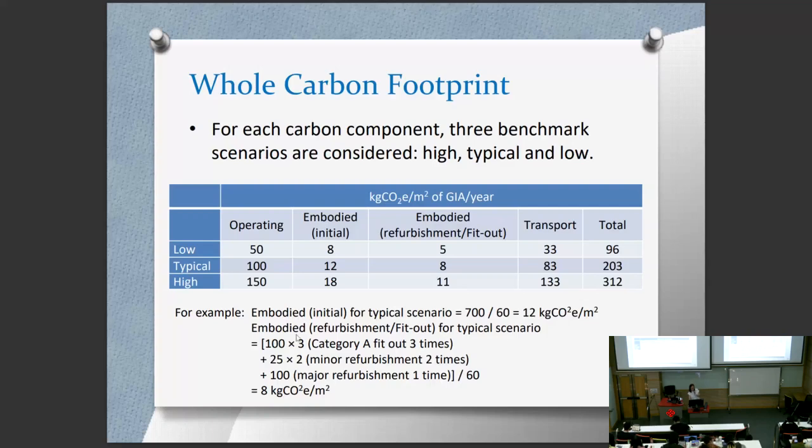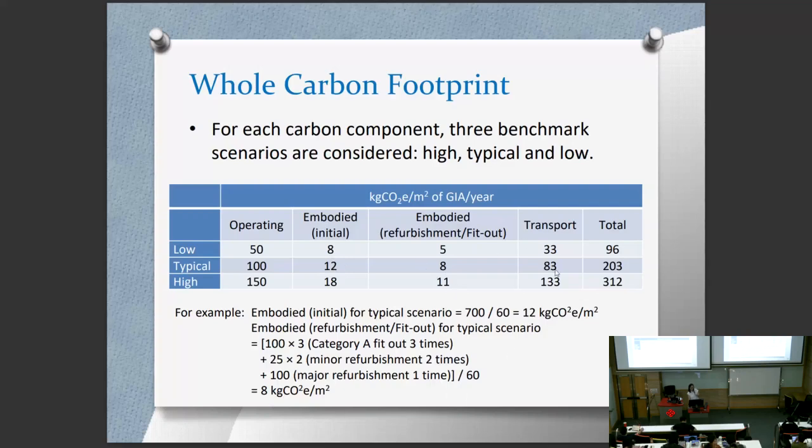For the refurbishment, it is just the same: 100 would be the fitting out, 3 times, and then minor refurbishment, and then the major refurbishment, also divided by 60 years. Then we have 8. So this 12 and 8 are calculated in this way.